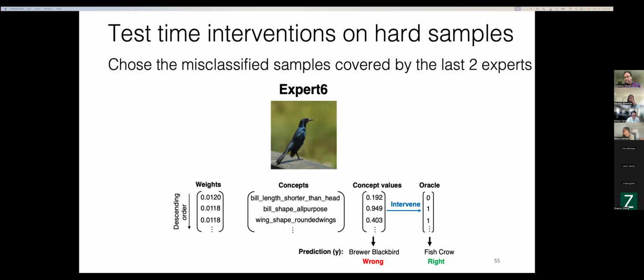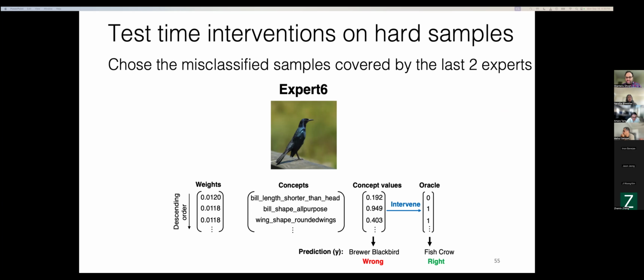So, as I mentioned, the later experts actually cover the difficult samples. So one advantage is we can perform the test time intervention only on these hard samples. And by hard samples, I mean the samples which are covered by the final 2 experts.